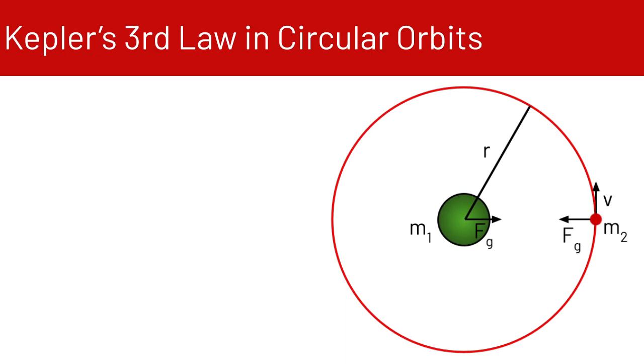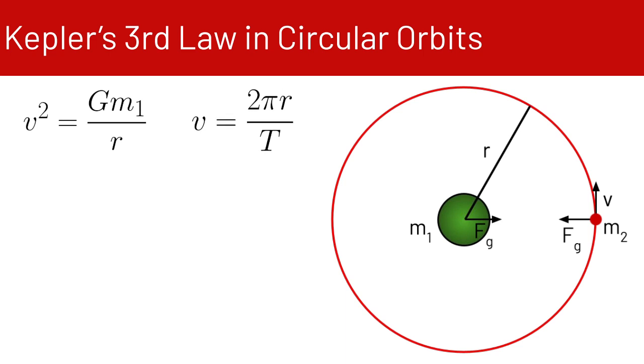Okay, so let's look at Kepler's third law in circular orbits. From a couple slides ago, we have v squared is equal to G m1 over r. We also know, according to circular motion, that v is equal to 2 pi r over T. So putting these two together, we have v squared is equal to 4 pi squared r squared over T squared, which is equal to G m1 over r.